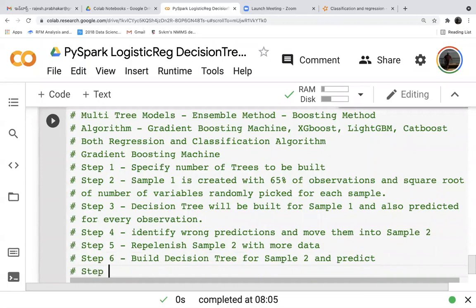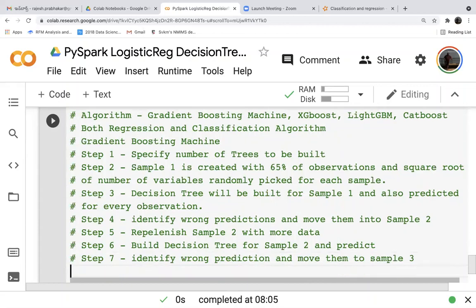Step 7: identify the wrong predictions and move them to sample 3, and continue. So this is what the process is all about.